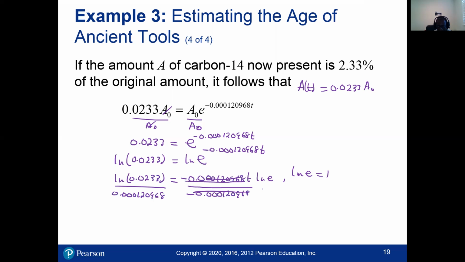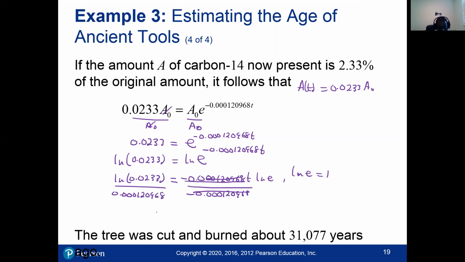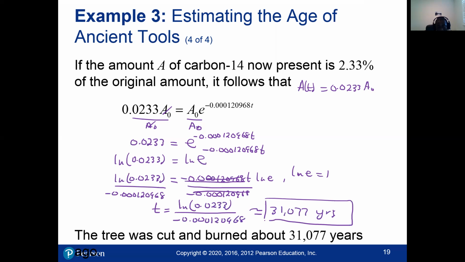So therefore your T is equal to the natural log of 0.0233 divided by negative 0.000120968, and this is approximately 31,077 years. So the tree was cut and burned about 31,077 years ago. That's how we can backdate things that happened.